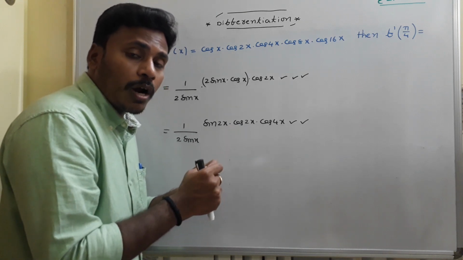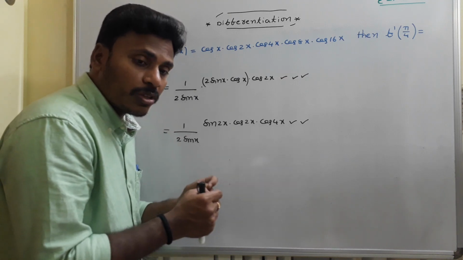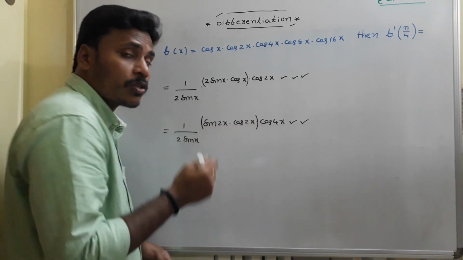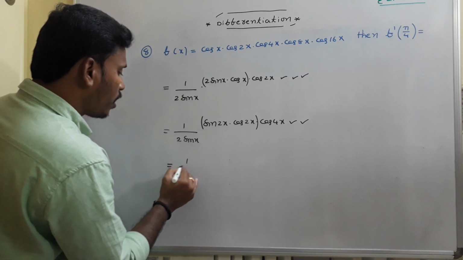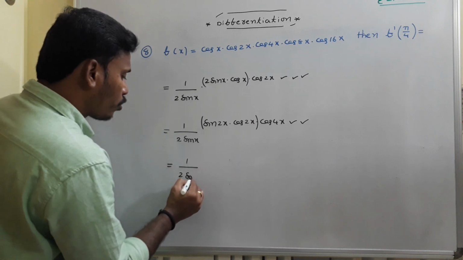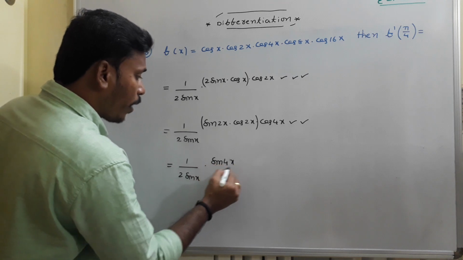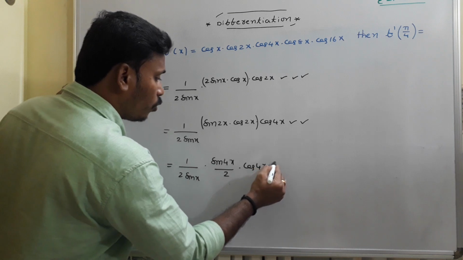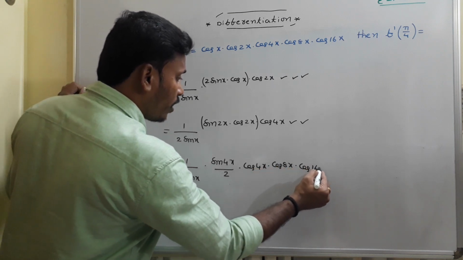Sin theta into cos theta is sin 2 theta by 2. So this sin 2x into cos 2x will become sin 4x by 2. So this equals 1 by 2 sin x into sin 4x divided by 2 into cos 4x into cos 8x into cos 16x.